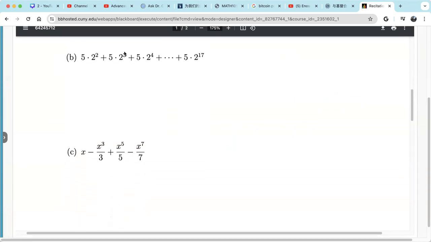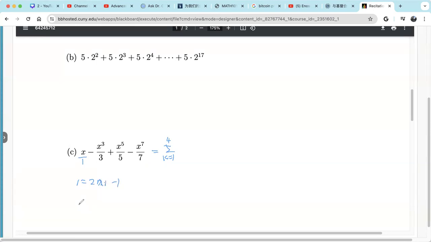Now let's see C. C, obviously, we only have 4 terms. So k starts from 1, finishes at 4. Observe the denominator. We have 1, 3, 5, 7. Arithmetic sequence, right? Because k starts from 1, how do we get a 1? We can do 2 times 1 minus 1.